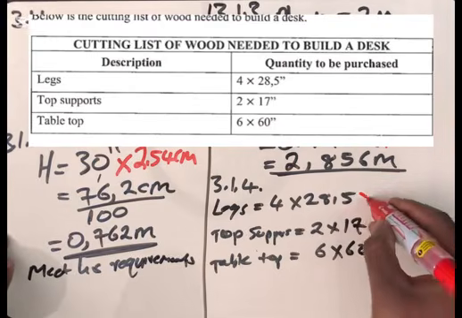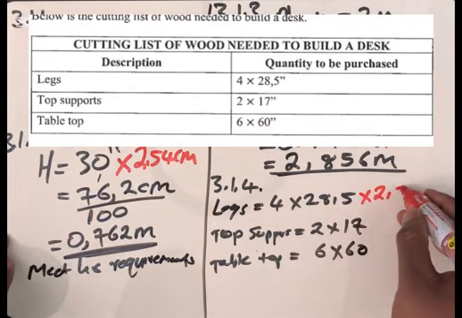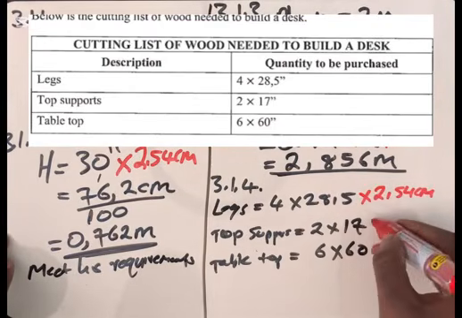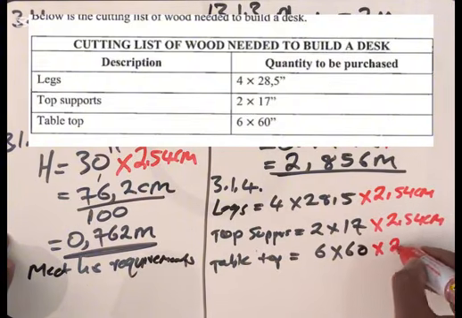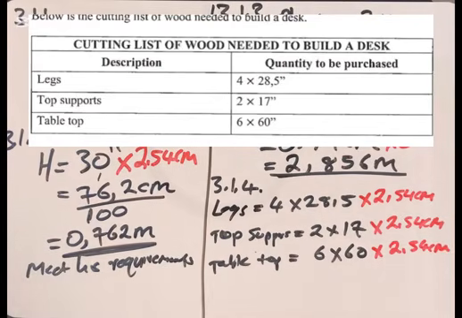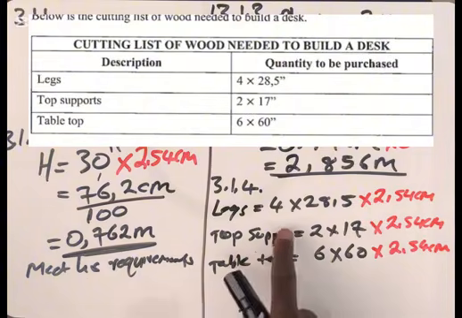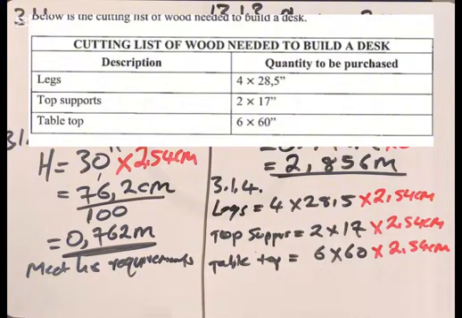Let's multiply everything by 2.54 centimeters. Don't forget, we cannot work with different units. So what we are doing here, we are converting everything to what? To centimeters. After converting everything to centimeters, we are going to combine them, then we convert them to meters to check if the addition of all of them is greater than 13 or less than 13.